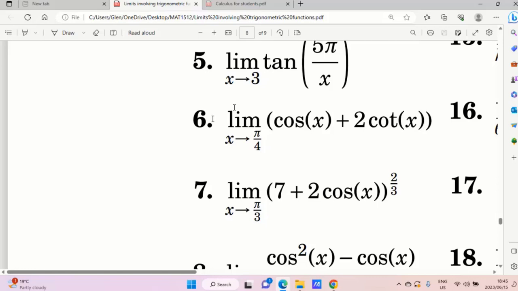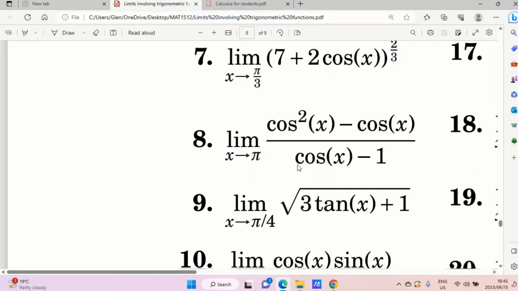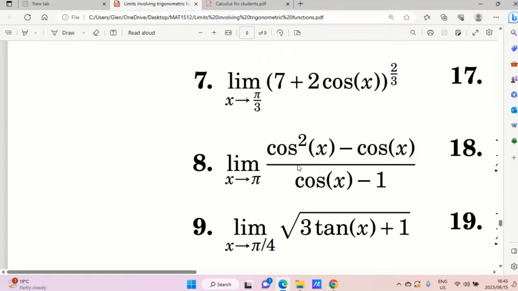Okay. Now, let's look at number 9. Do you see number 9? Yes. The limit of the square root of 3 tan x plus 1 as x approaches pi over 4.